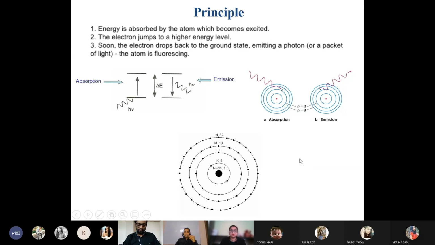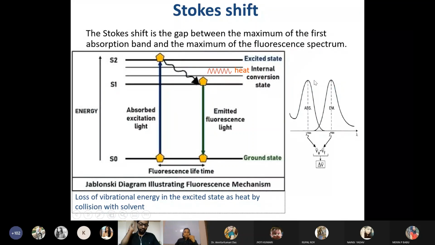With this transition of the electron from one orbit to another, there is an emission of energy. The first step is the absorption of energy, the electron goes to the higher energy state. Then the electron comes back and emits energy, which is obviously of lesser energy, and hence higher wavelength. Okay, so this is known as Stokes shift.